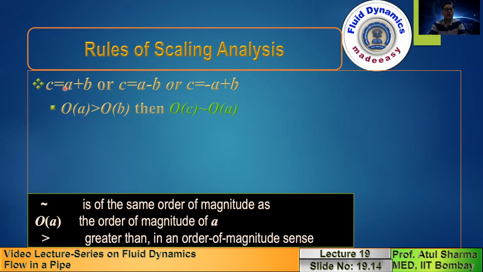Okay, so for a linear combination on the right hand side, there are three possibilities.